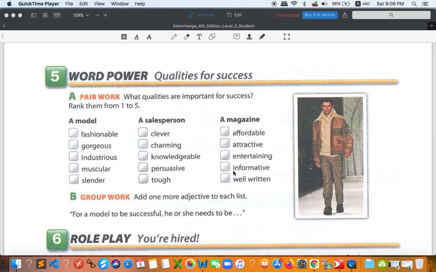These are what they expect to have in the magazine, right? And I will move on to well written. The language, sometimes the style, needs to be well written as well. And entertaining later, affordable is the last one to me. But you might come up with different ideas. Doesn't matter, everyone.